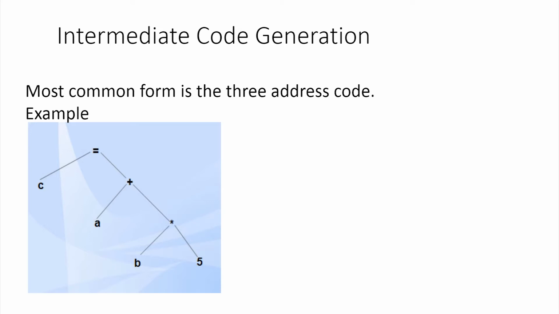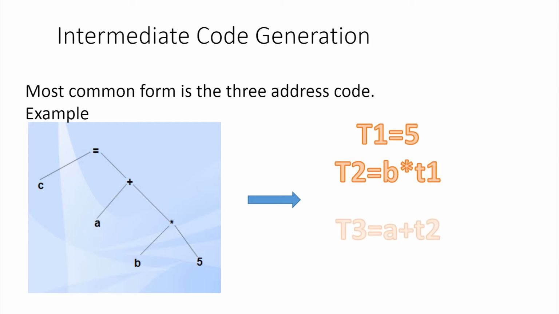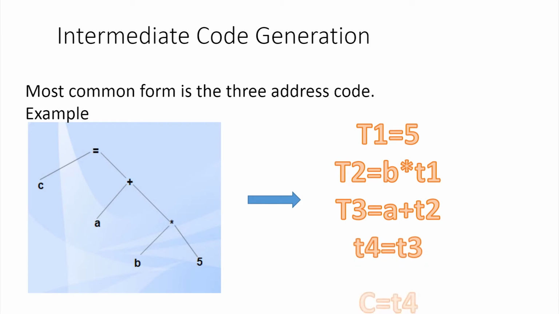Its three-address code will be T1 = 5, T2 = B * T1, T3 = A + T2, T4 = T3, C = T4. Here, T1 to T4 are temporary variables.